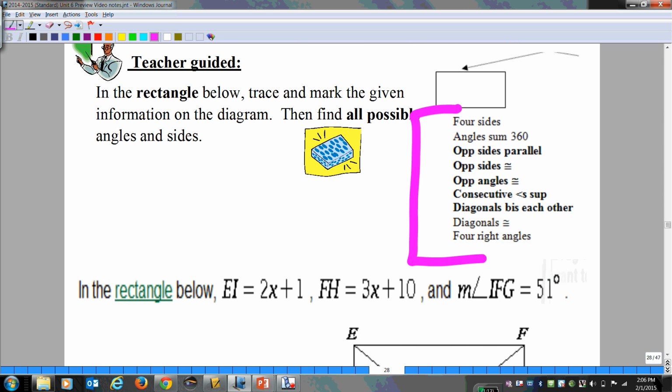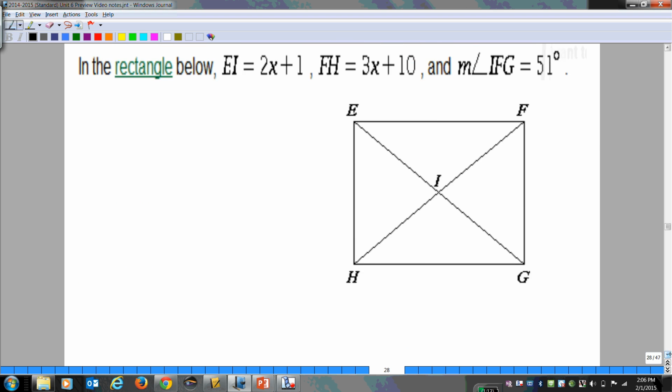A rectangle is going to have four sides, angles that sum to 360, opposite sides which are parallel, opposite sides which are congruent, opposite angles which are congruent, consecutive angles that are supplementary, diagonals that bisect each other, diagonals that are congruent in length, and four right angles. Knowing that, with this given information, we're going to find all possible angles and sides in this lovely diagram.